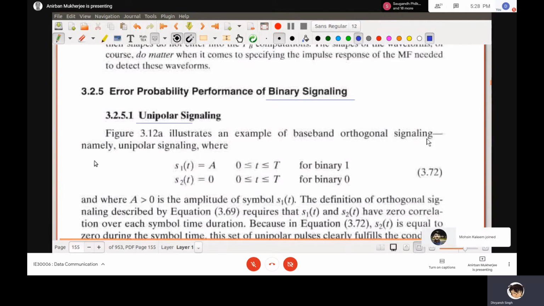If I take the vector representation S1 and S2, first you have to check the value of rho. In this case, the value of rho will be 0. So these signals are orthogonal. Say this is my S1 vector, this is my S2.